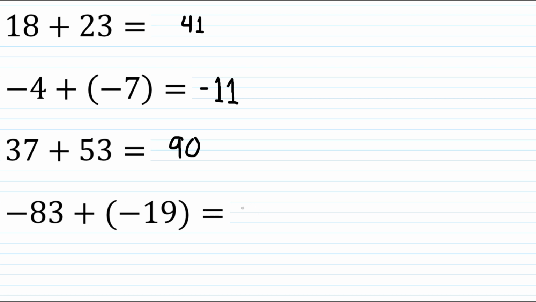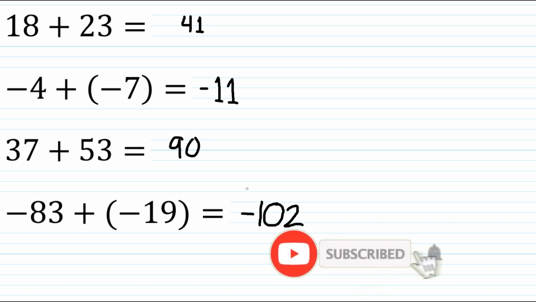So, 83 and 19 will give us 102. But since they're both negative, we should prefix the negative sign on 102. So, the final answer is negative 102. So, that's how we add same sign numbers or like signed numbers.